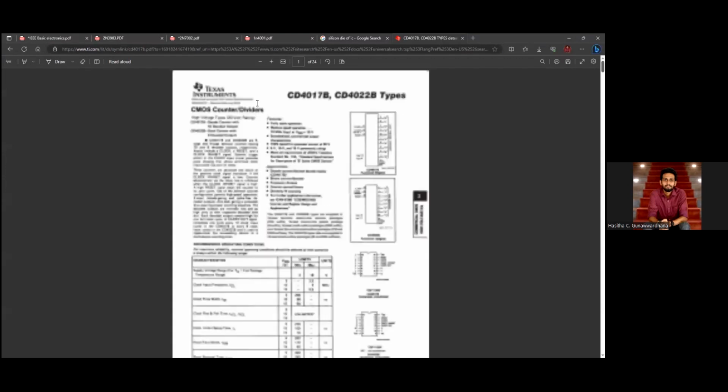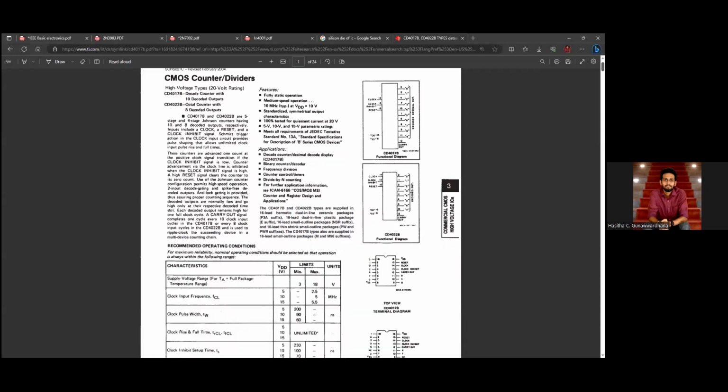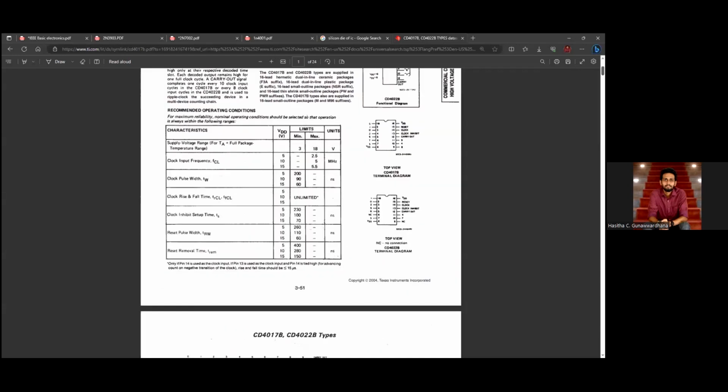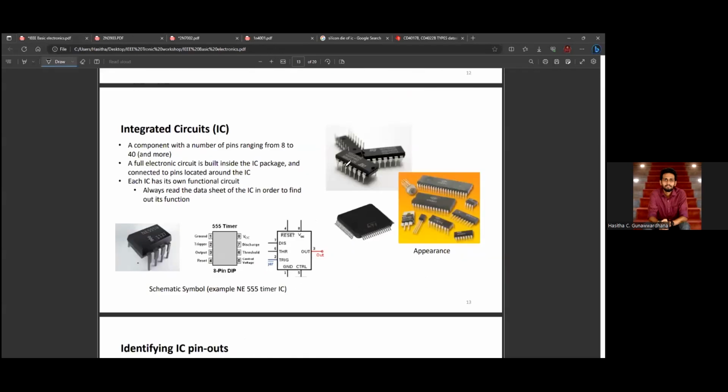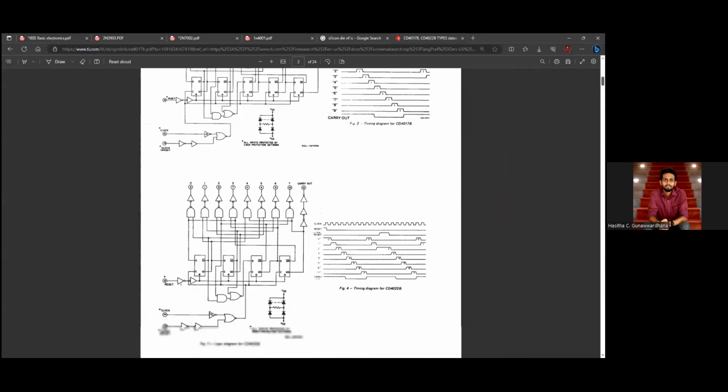So this is the 4070 IC, which is used in many applications in buses and TVs. This IC will look like a regular form factor of this type. The inside circuit is something like this.